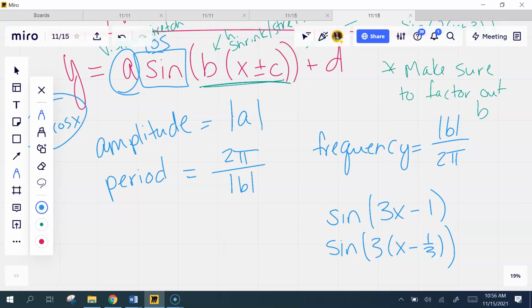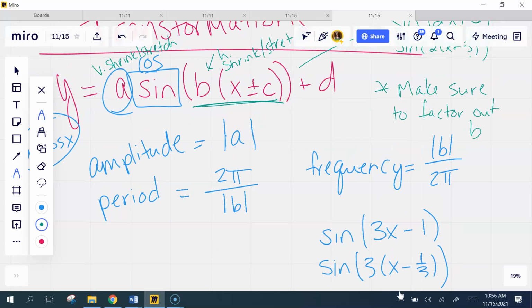Okay. That, of course, still gives me my horizontal shift, which we will also call now a phase shift. You see that terminology? And what's the D do?